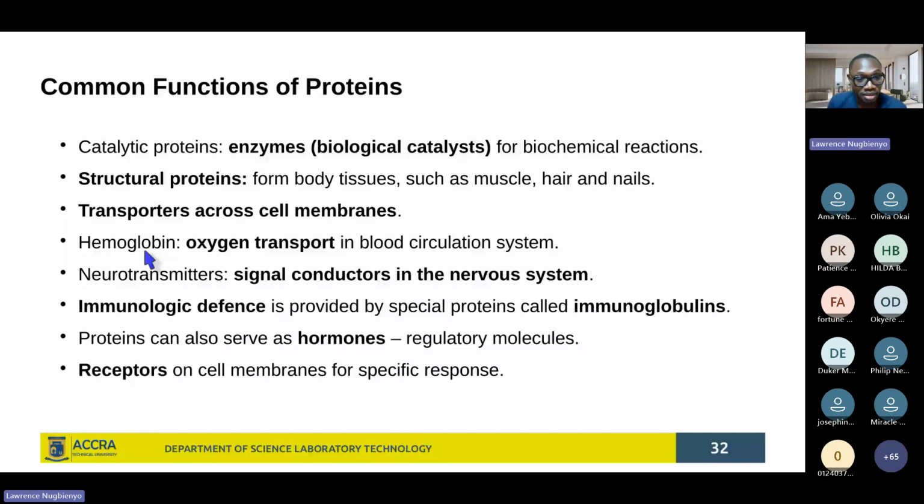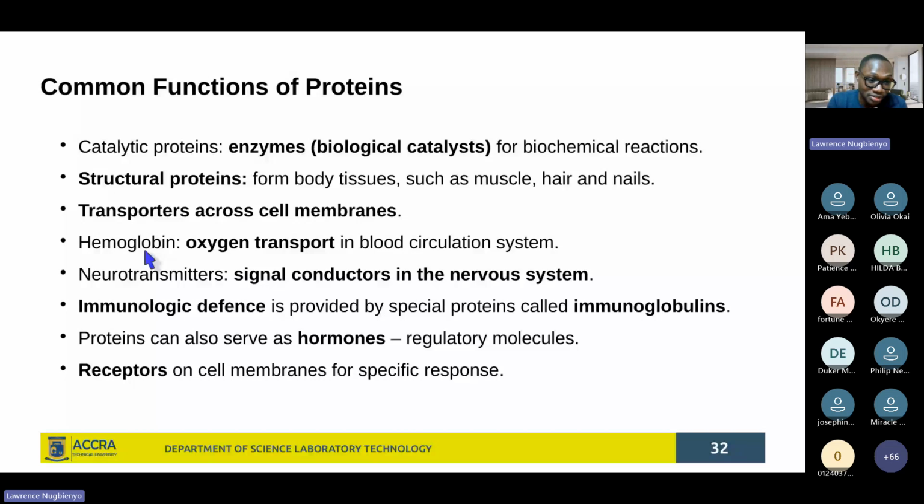Or you take immunologic defense, you have a different field, immunology. You have proteins acting as hormones, that one too is in a different field, endocrinology. So you see, just proteins alone can be broken down into specific fields, and people can spend their whole lives, become experts in a specific field of these things.